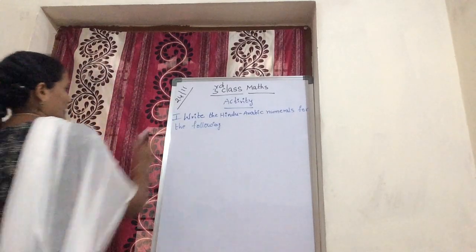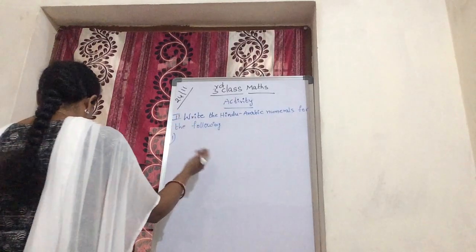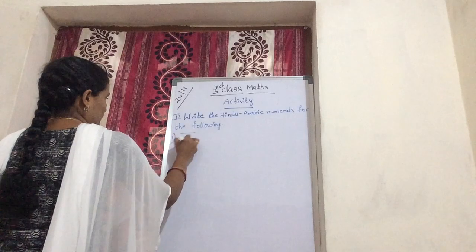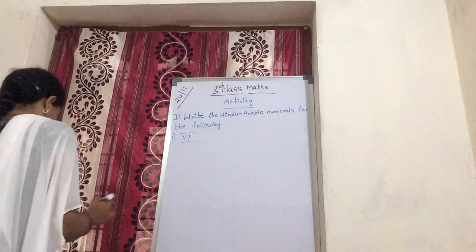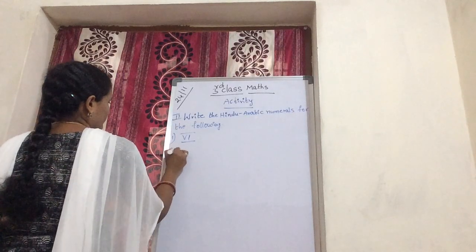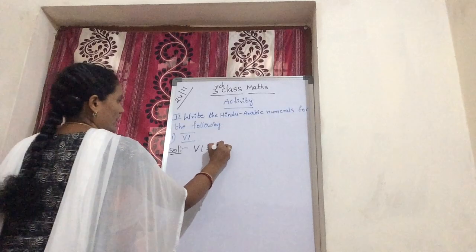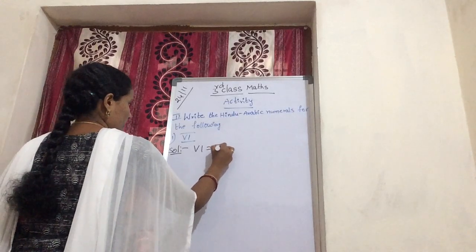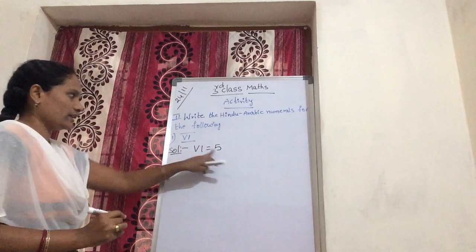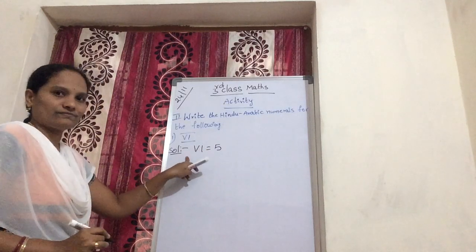Next one, Amma. Second bit: write the Hindu-Arabic numerals for the following. Now here, V for 5. Here is I before or after V?